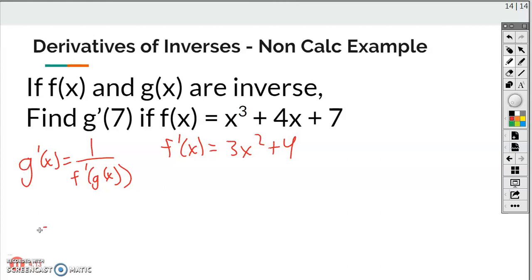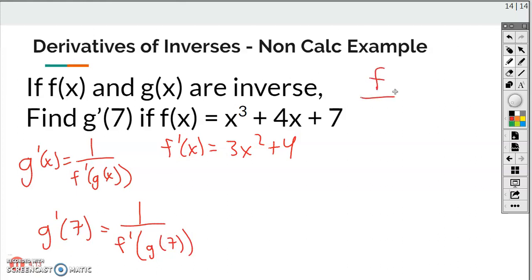So if I want to do g prime of 7, it's going to be 1 over f prime of g of 7. So I also need to know what g of 7 is. Now, if f and g are inverses, that means that there's a point on f where the y value is 7, and there's a matching point on g where the x value is 7.